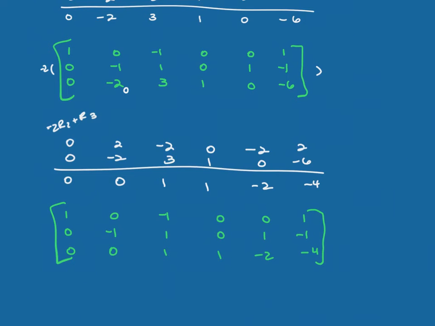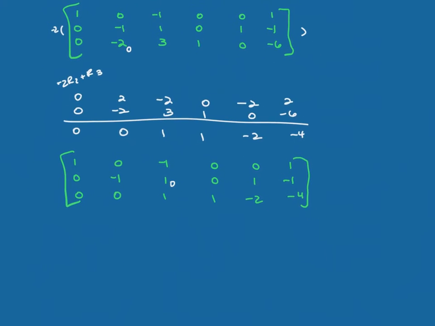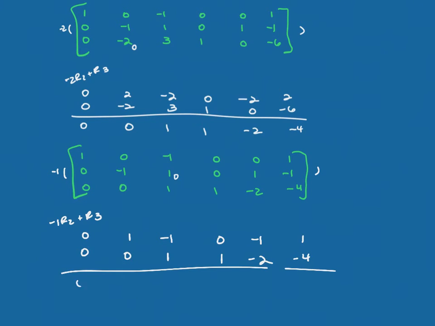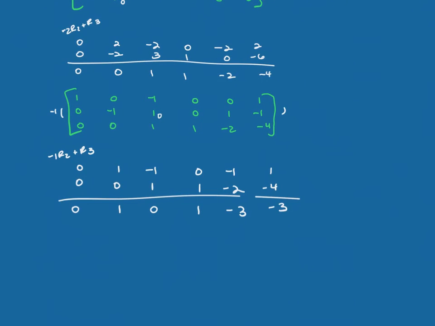Now I'm going to work my way back up. I need a 0 here. So I can multiply -1 times row 2 and add it to row 3. That replaces row 2.